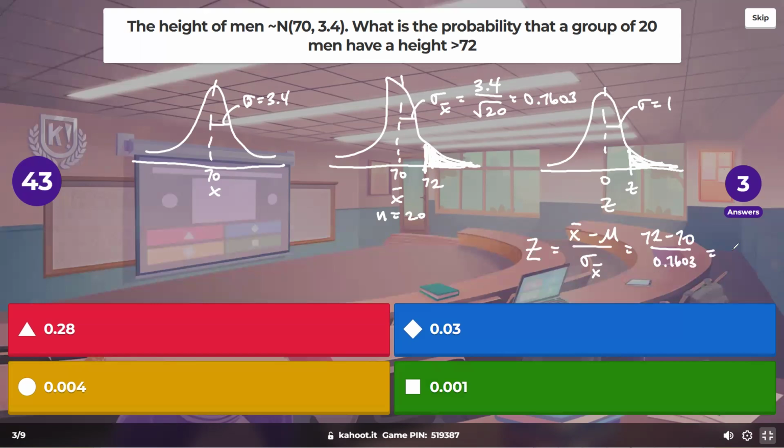And what's our z value? It's going to be 2 point something. Cool. And is it area to the left or right? Right, yeah, that's right.